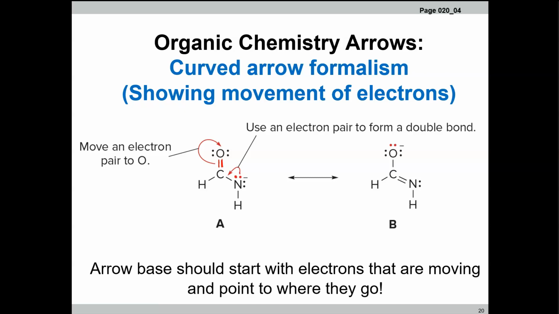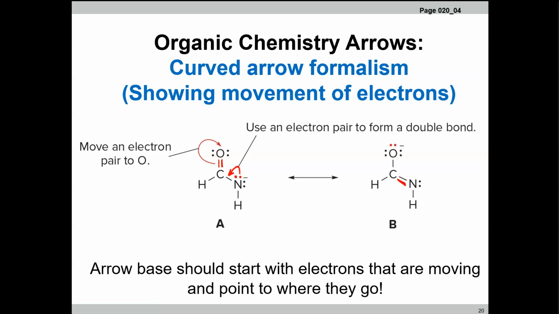So this arrow that's coming out of the two electrons on top of nitrogen, those are going to move in between the nitrogen and the carbon, and then they're going to form this new bond that's shown here on the other side of that double arrow. That double arrow is telling us that these things can go back and forth between these two compounds.